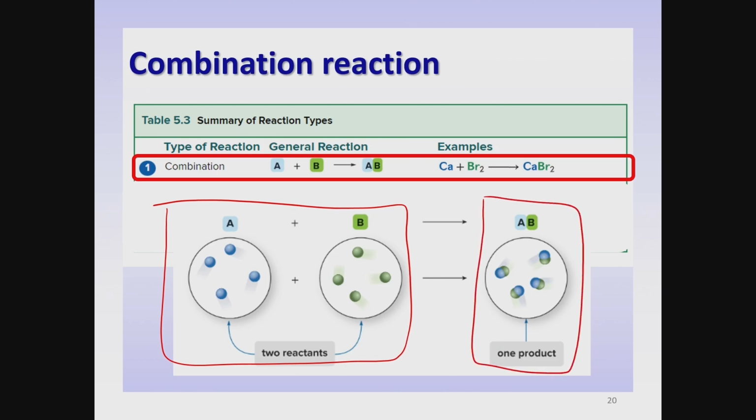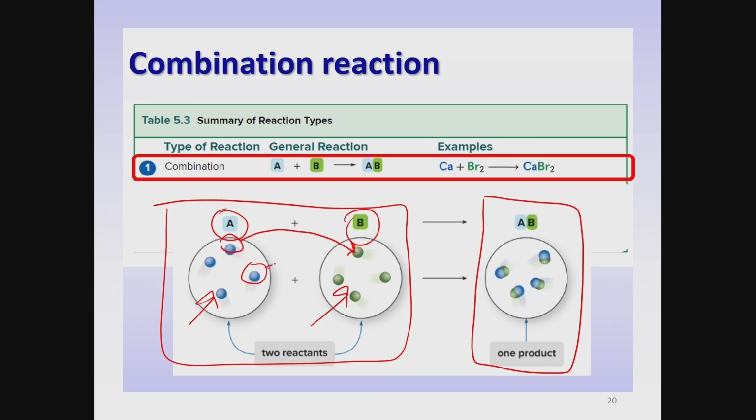Now, let's step back and talk about what the reactants can be. So here we have molecule A. Molecule A can either be an element, as it looks like it is in this picture, or a compound. Molecule B here can either be an element or a compound. And so you'll mix them together, and then they can react, and what will happen is each of these A atoms will bind to the B atoms.